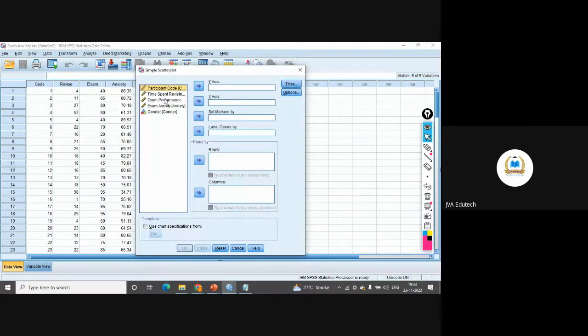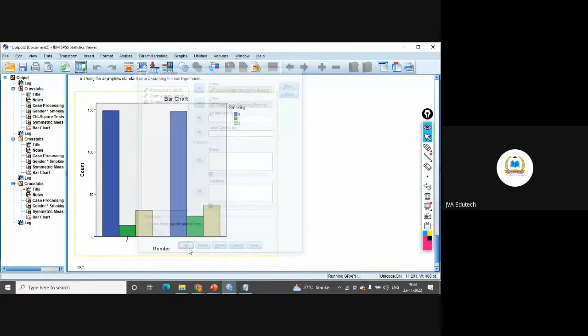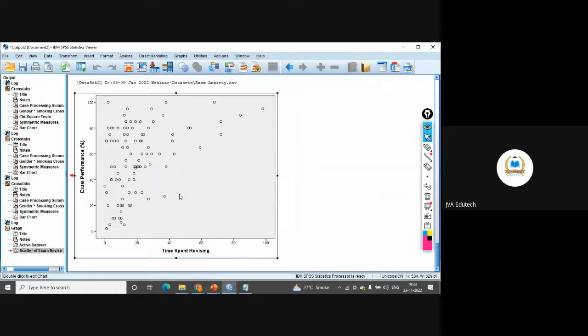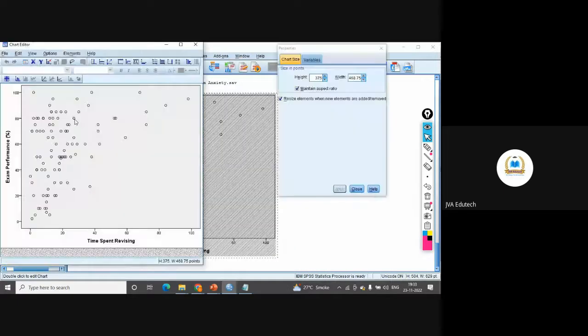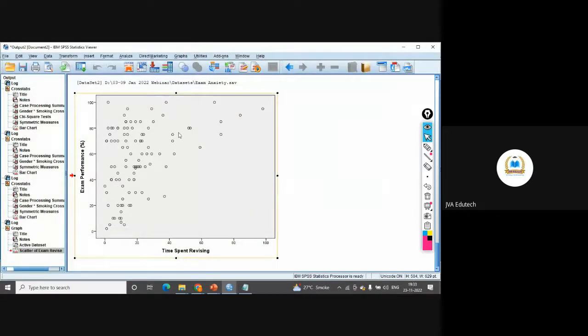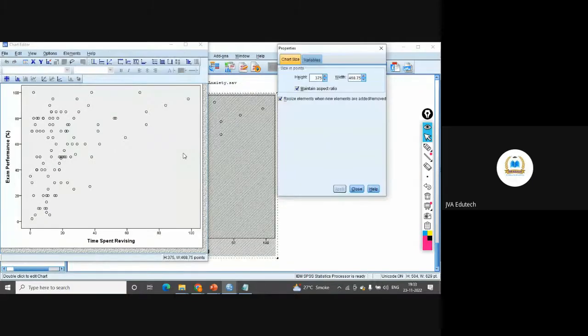On the y-axis, let's say I'm taking exam performance, and on the x-axis time spent. So these are the plots, but it doesn't give you a very good interpretation. So double click and fit a straight line. Add fit line at total.